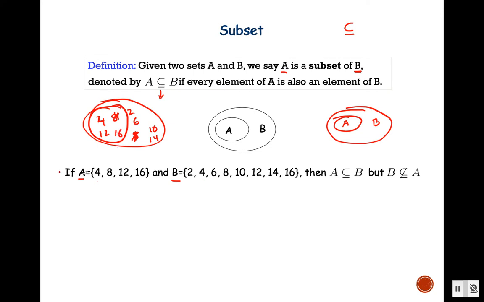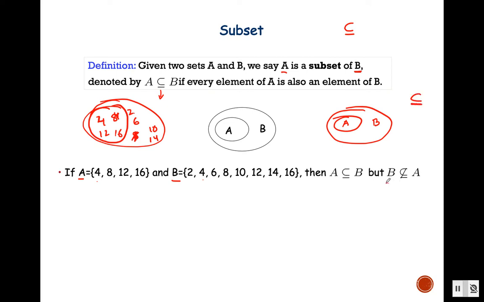Every element of A is also an element of B. So you can say that A is a subset of B, and we use this symbol for subset.